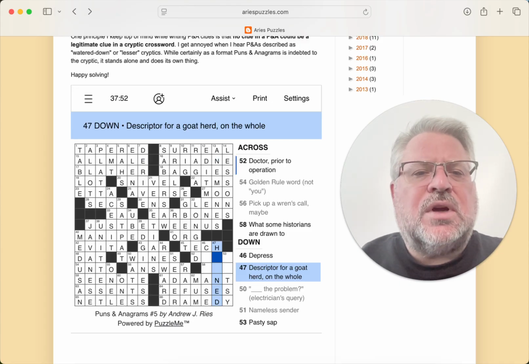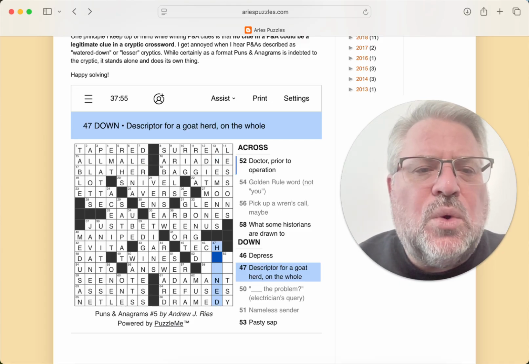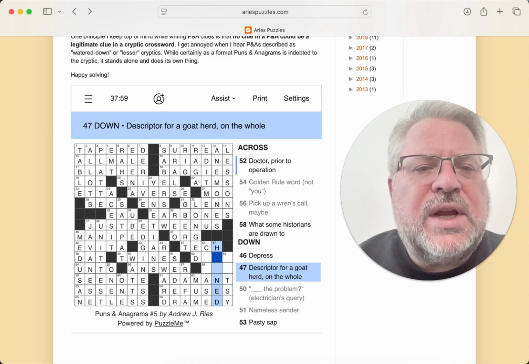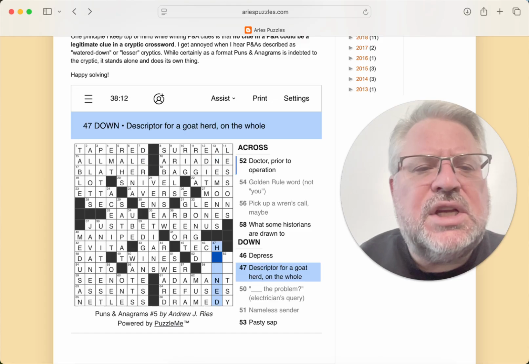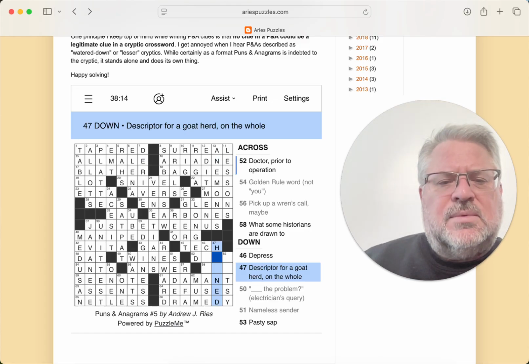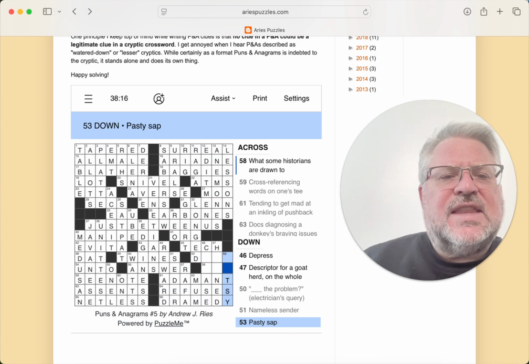Is it horned? Goats have horns. We can get horned out of goat herd if we take out what? G. If we take out some of them. I'm not sure how we're getting that either.